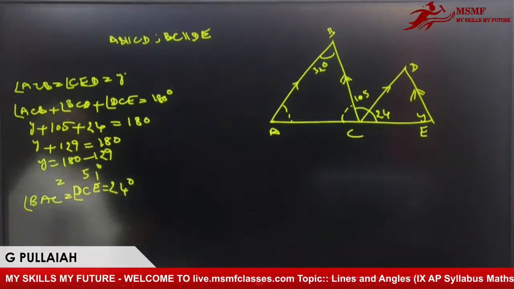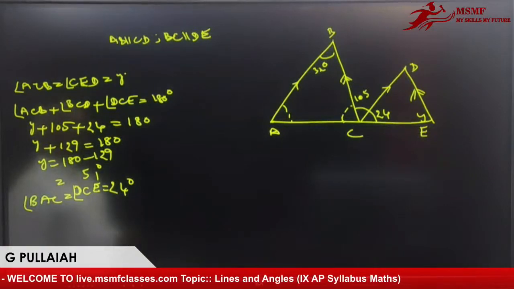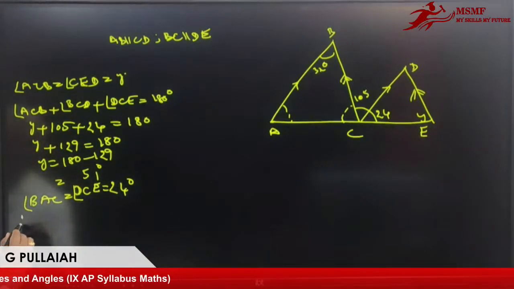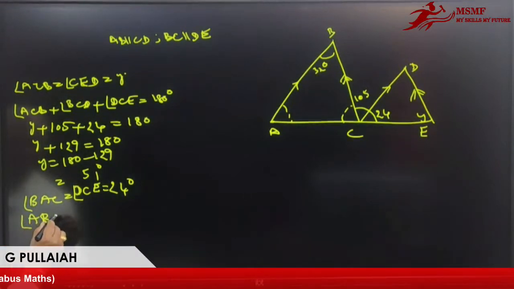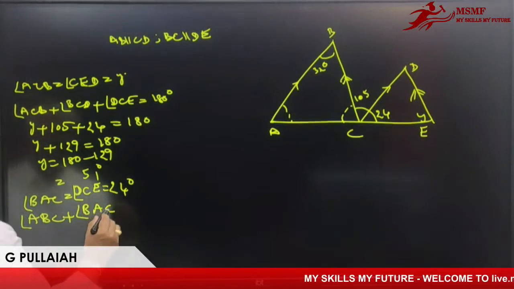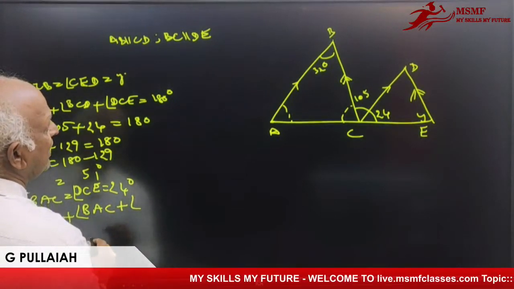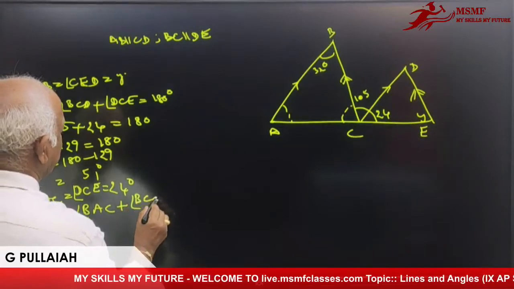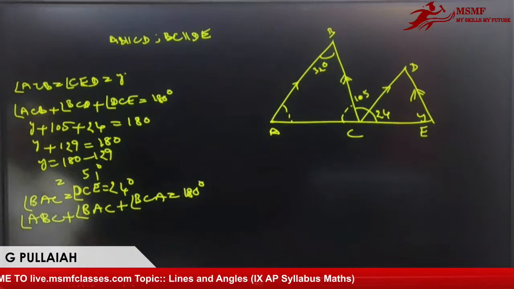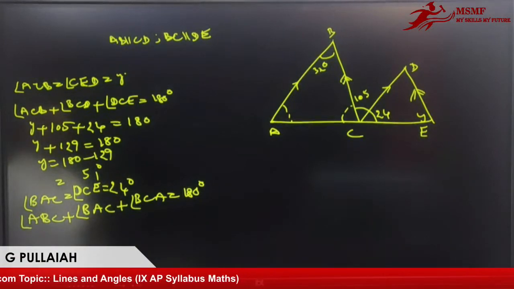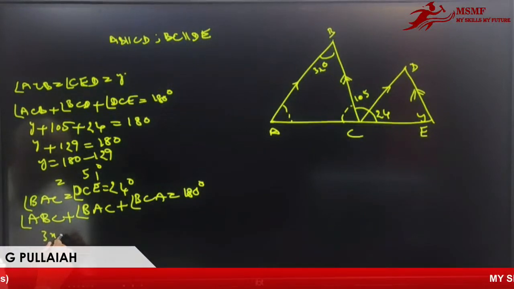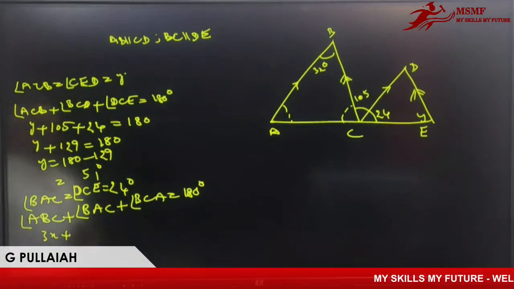Now to find the value of x, we should know the value of angle ABC. So now here angle ABC plus angle BAC plus angle BCA is equal to 180 degrees.